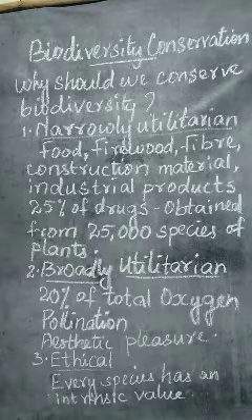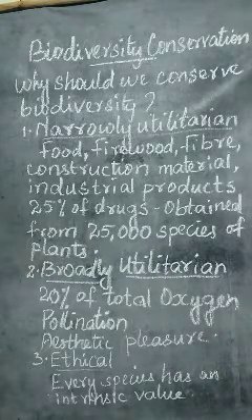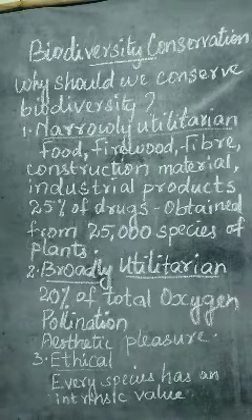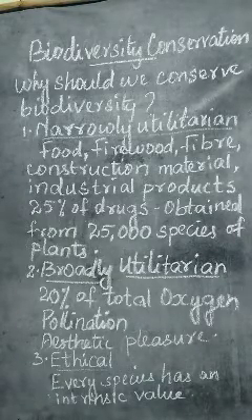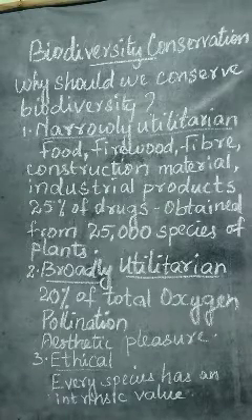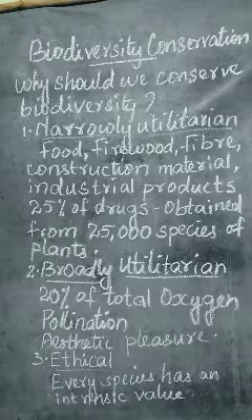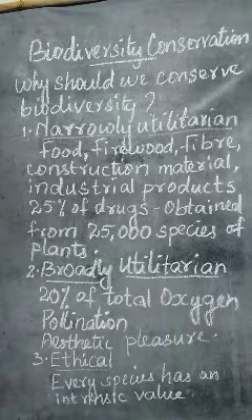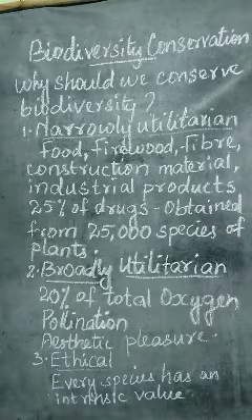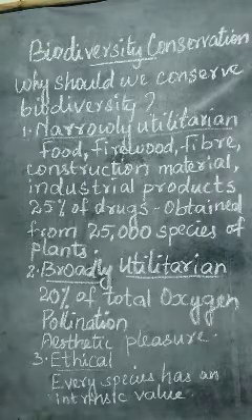So when we talk about the broadly utilitarian argument, it says that biodiversity plays an important role in many ecosystem services. Okay, that the nature is providing to us. So what such services are provided by the ecosystem, or by the nature to us?